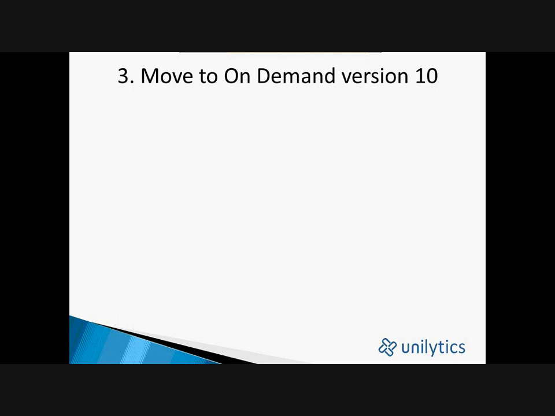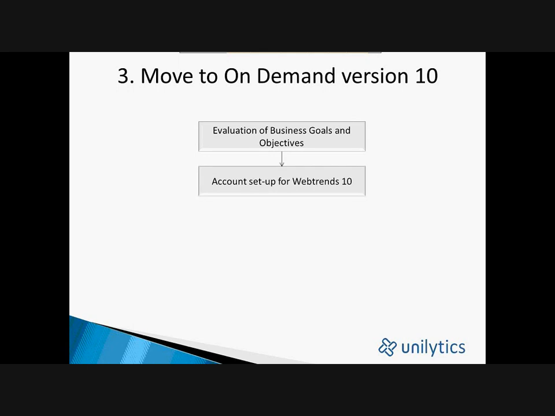A much lighter version of Webtrends, and by lighter I mean it's much less involved in terms of the administration and hardware and software requirements, is the on-demand version of Webtrends. So, software as a service, as it's called. We'll still start by evaluating your business goals and objectives.